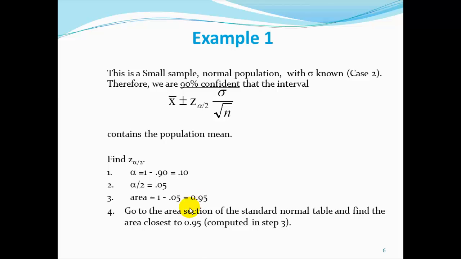And in step 4, we go to the area section of the chart on our cumulative standard normal table and find the area as close as possible to 0.95.